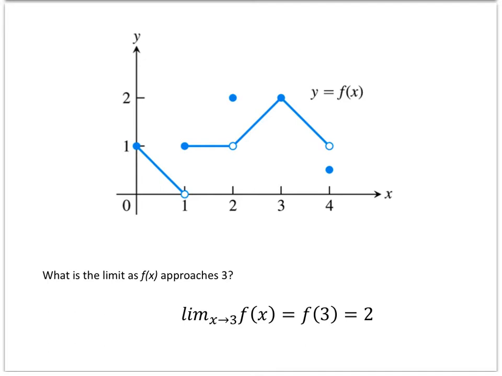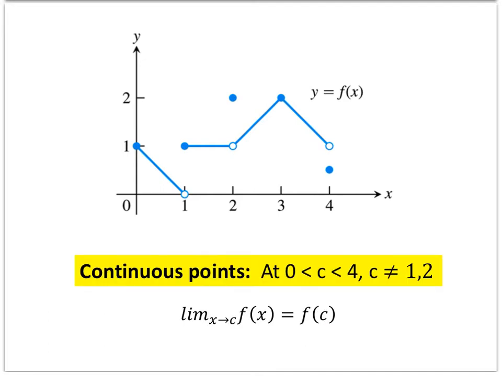Now we see that they actually can. So what I'm looking at here is continuous points. We're going to define continuous points where the limit equals the value of the function. It's easy to see in pictures that wherever you have a solid dot, if my limit is going to a solid dot, then that is still the same as the function.